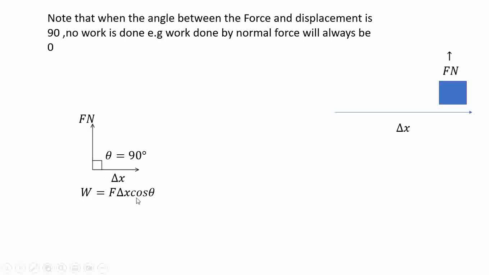And then when substituting in our work formula, which is F delta X cos theta, our theta will be 90 degrees, and we know that cos of 90 degrees is 0. When substituting that 0 in our formula, we'll get 0 joules.